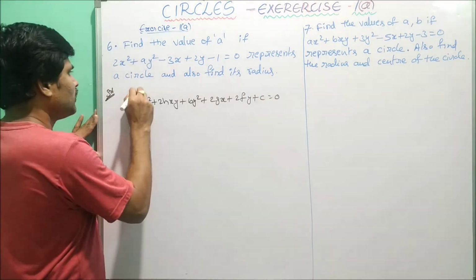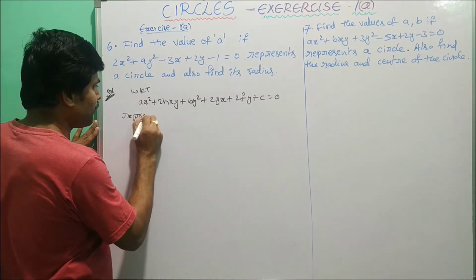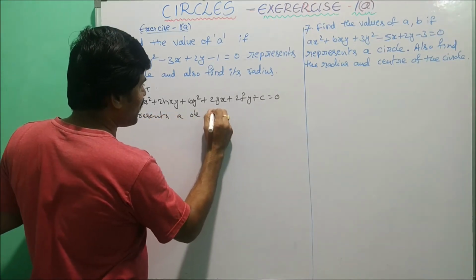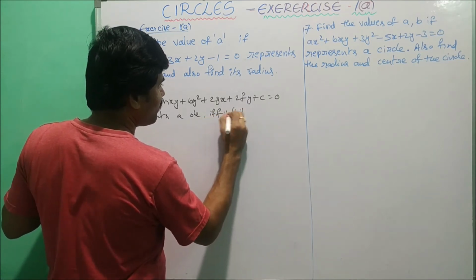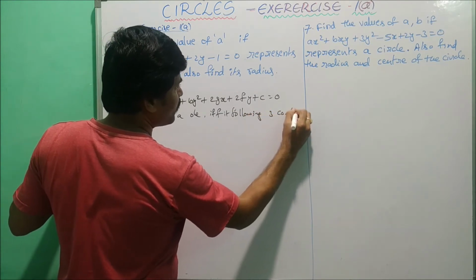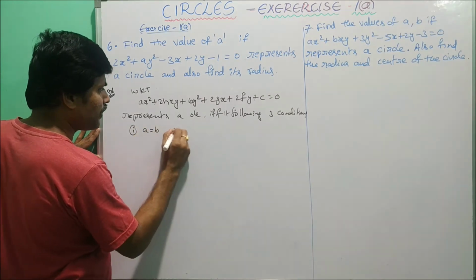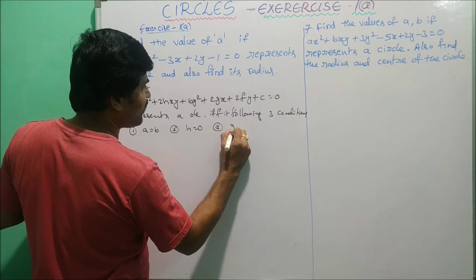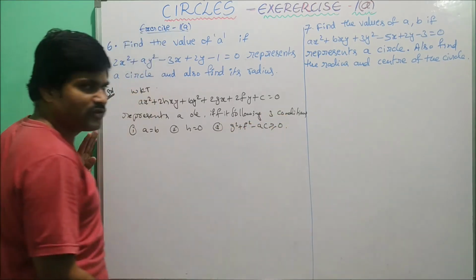We know that this equation represents a circle if and only if the following three conditions hold. First, a equals b. Second, h equals 0. Third, g² + f² − ac is always greater than or equal to 0.